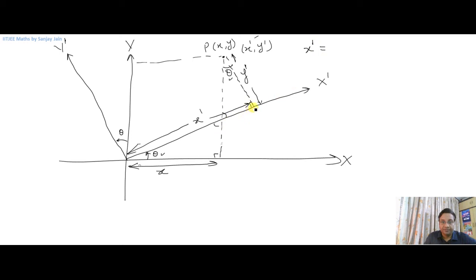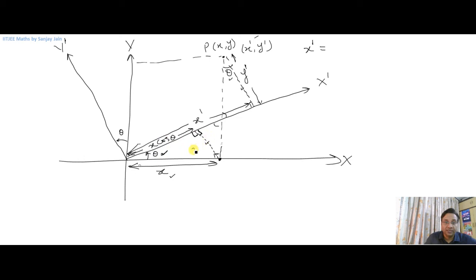Now let us see. If I drop a perpendicular from this point to this line here, this is 90 degrees, right? So this line will be parallel to this line, right? And this length up to here will be x cos theta, because this is a right angle triangle and this is the hypotenuse, this angle is theta, so the adjacent side will be x cos theta.